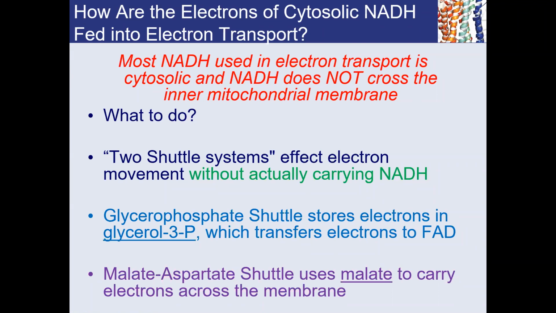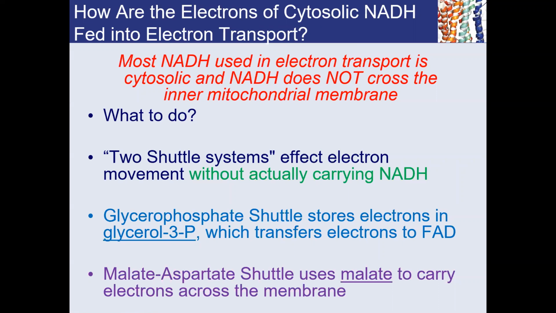Two reducing equivalents will be two electrons, an electron pair that is there in NADH, right? So just think about it. It's not NADH itself moving into the mitochondrial matrix, but those two electrons are being brought into the mitochondrial matrix without actually carrying the NADH. You can digest that, right?